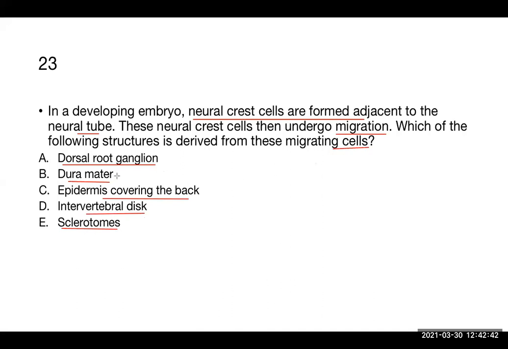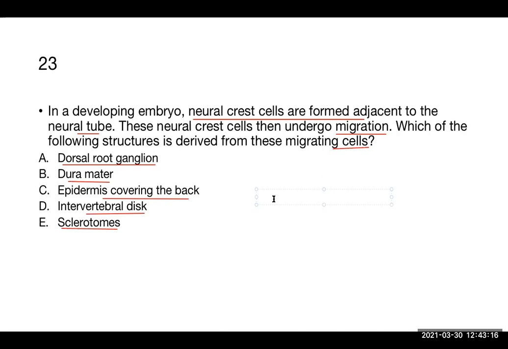So these are some other information, but let's talk a little bit about what are the other cells or tissues that are developed from neural crest cells. Anybody? What are the others? Sir, melanocytes. Good. One is melanocyte. Yes, and all sympathetic ganglion, sir. Good. All sympathetic ganglion. Very good. Anything else? Pia mater.